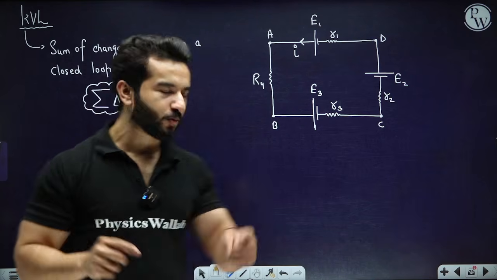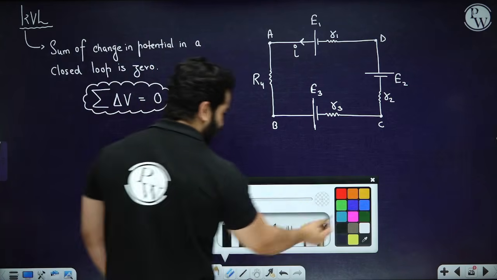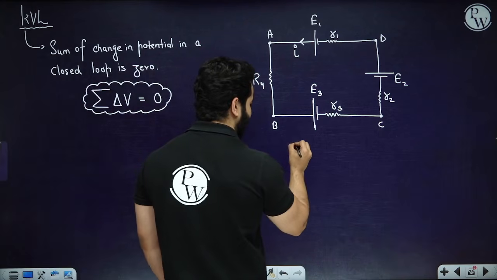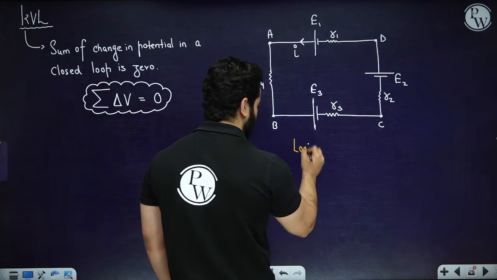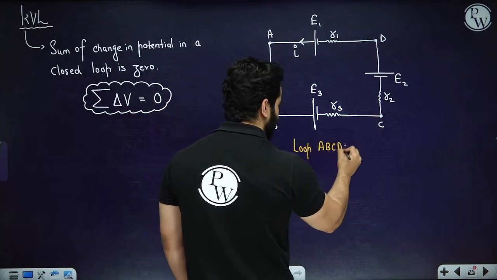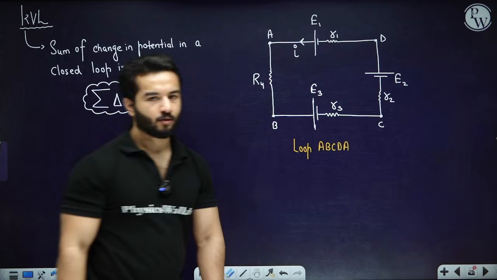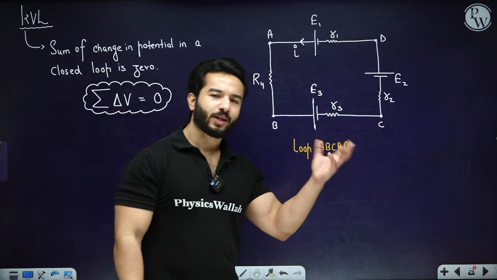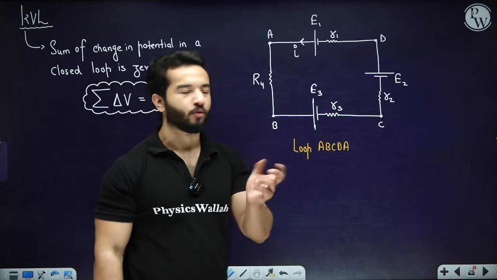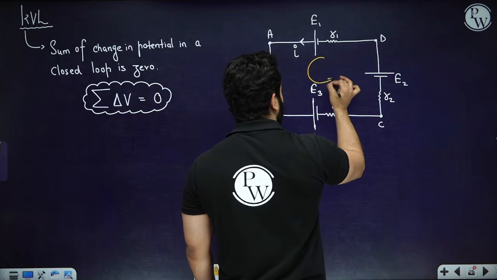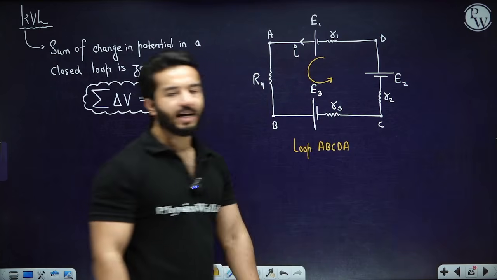What do you mean by loop, sir? Let's assume that we have got a loop, applying KVL across loop A, B, C, D, and let's come back to point A. So the loop gets completed. How we are writing it, we can also decide in which way we want to move. So I have decided to move anti-clockwise.